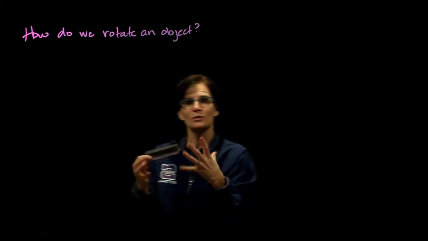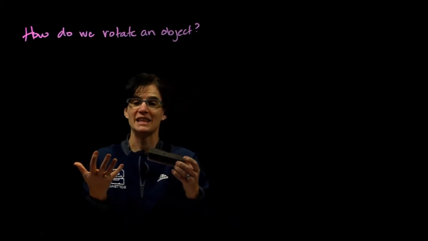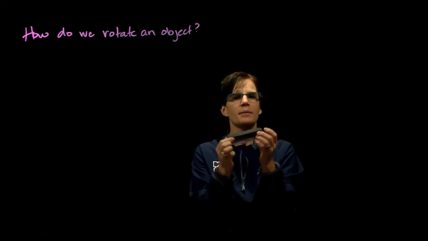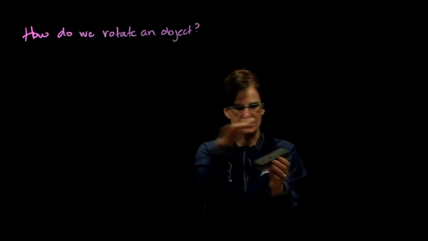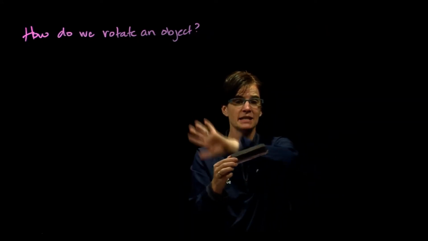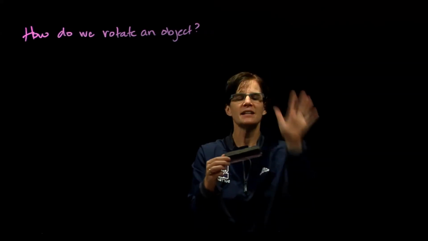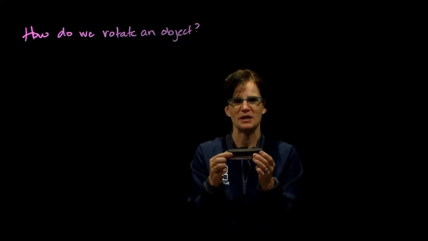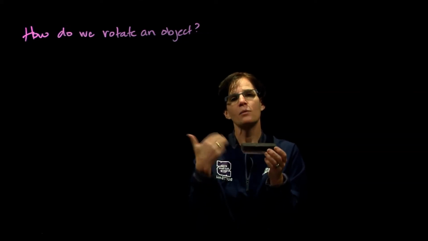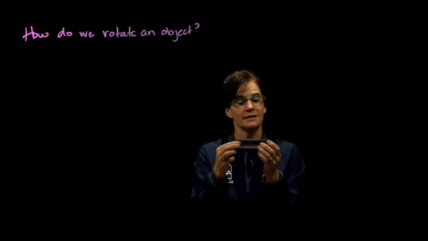So rotation is a much more complicated thing to be thinking about because we have more things to think about. So let's just talk about rotating an object in a single axis, in a single plane. And I'm going to use the vertical plane, from your perspective, so that you can visualize the rotation. Like I said, we have to decide about which point we're going to rotate the object.